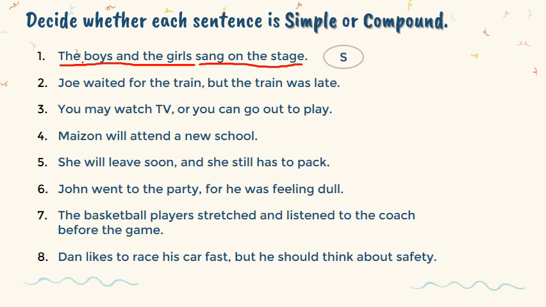Number 2: Joe waited for the train, but the train was late. Let's read again. I have a subject and a predicate, and then here I have another subject and another predicate. So I have two complete ideas, two independent clauses joined together by "but".